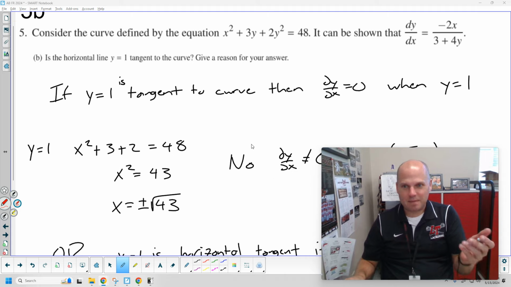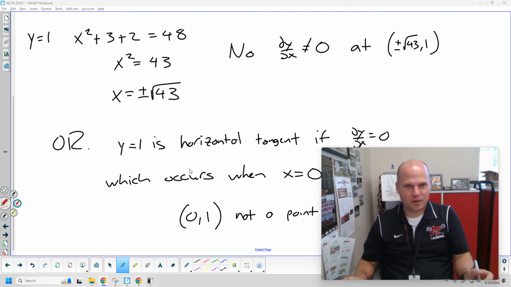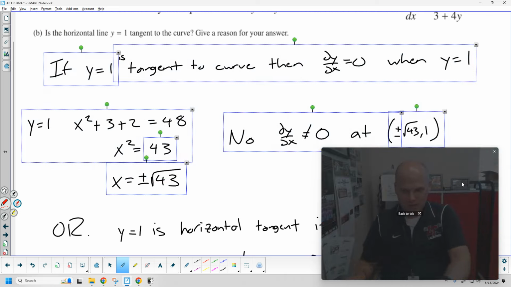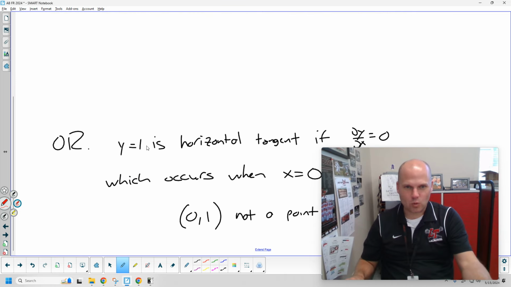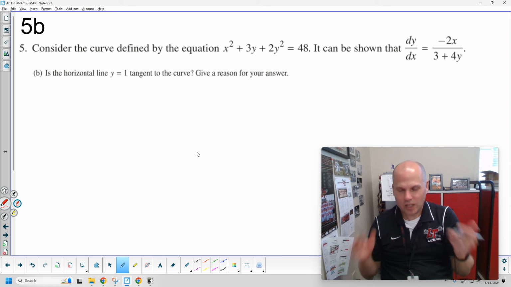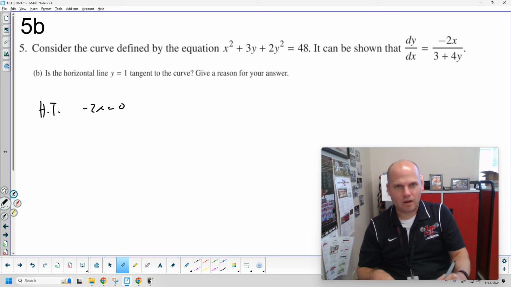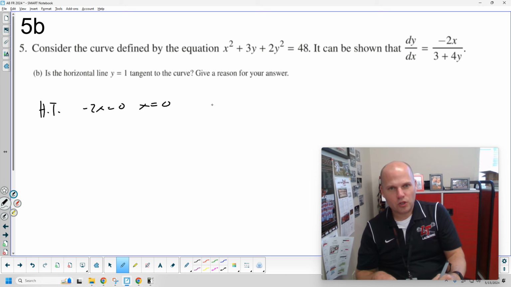The other thing that I'm just thinking about you could have done is, let's just find our horizontal tangents. Horizontal tangents are when the top equals 0, which when x equals 0, you would have gotten 3y plus 2y squared equals 48. I wonder if this is factorable.